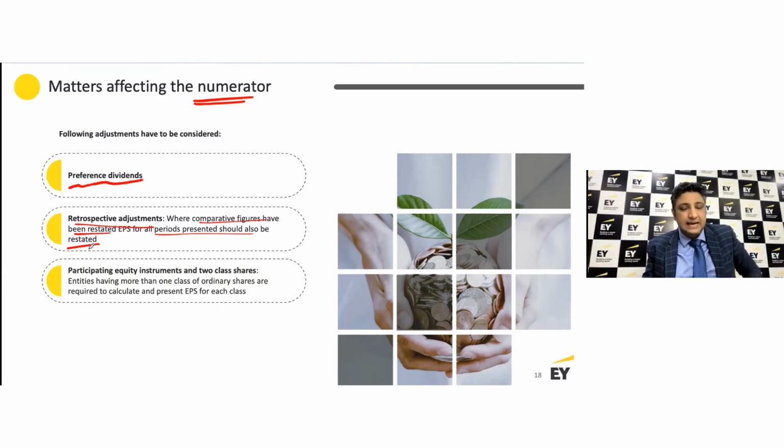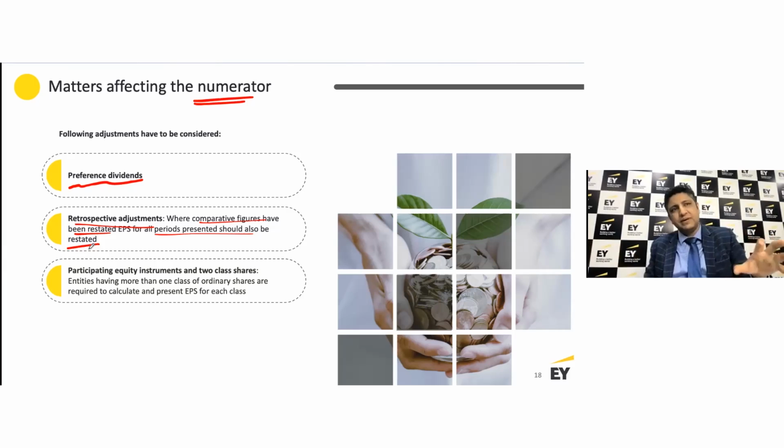Why so? Again, you need to give comparable information. What was your EPS last year versus what is your EPS this year? That growth is reflected. You want to really remember that part, right? And that's the reason why this retrospective adjustment is made on the calculation of EPS.